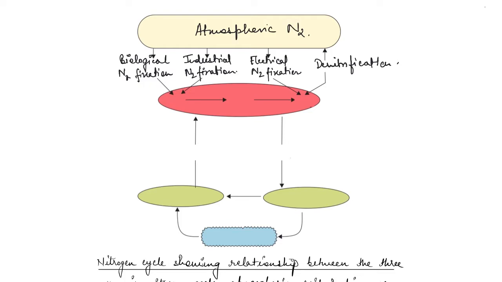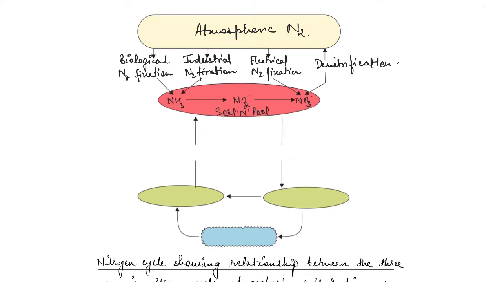Now through this, atmospheric nitrogen is converted to ammonia. Now this ammonia is converted to nitrite and then into nitrates, right? And this is happening in the soil, right? So this is the nitrogen pool which is present in soil.